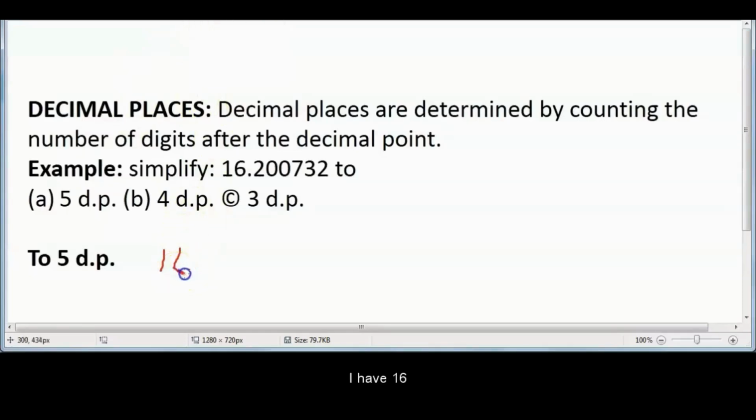So I have 16.200732. I'm going to round it to 5 decimal places.